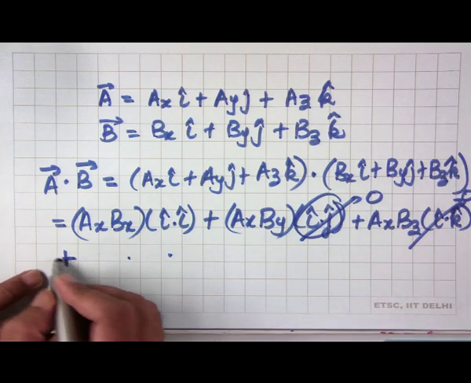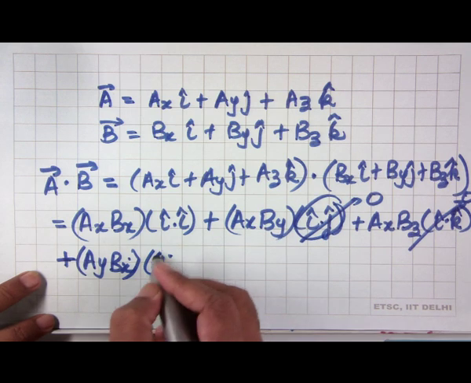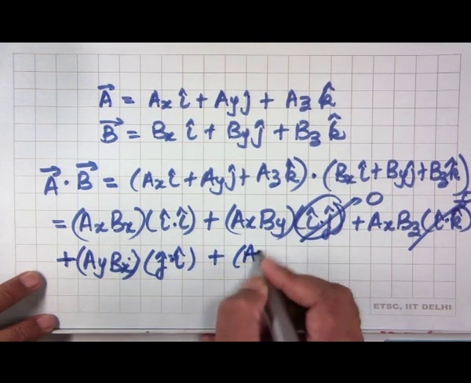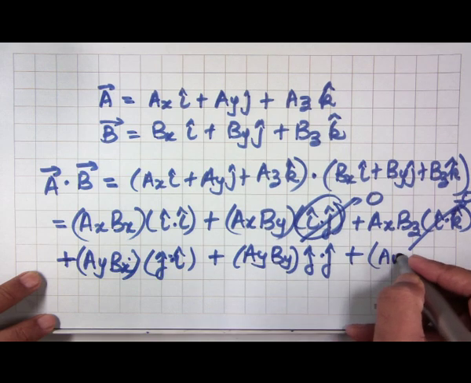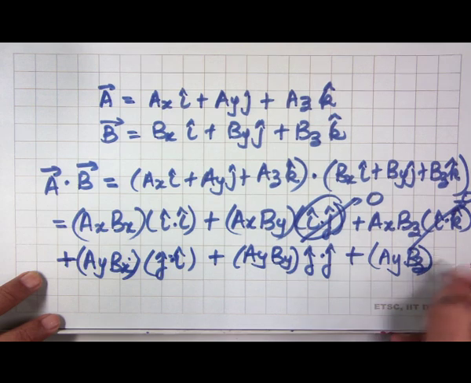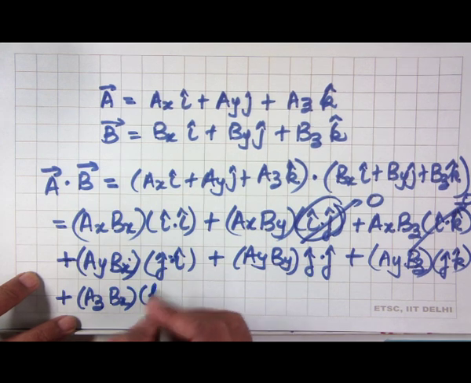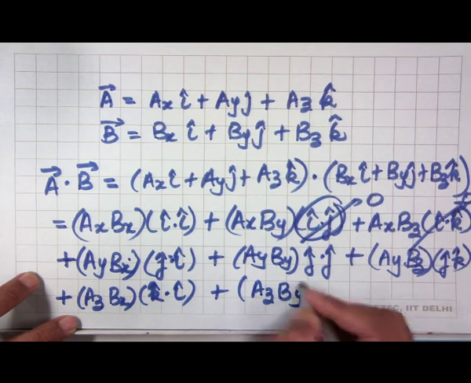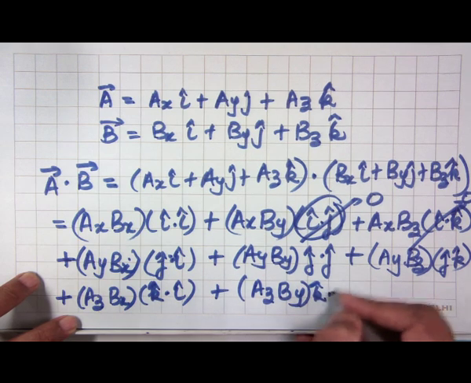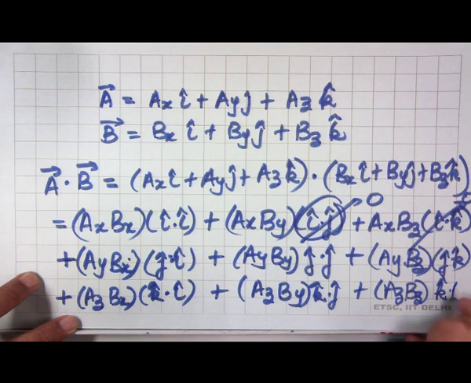Let me expand the second term fully: this will give me AY BX times j dot i, plus AY BY j dot j, plus AY BZ times j dotted with k, and then plus AZ BX k dotted with i, plus AZ BY k dotted with j, plus AZ BZ k dotted with k.